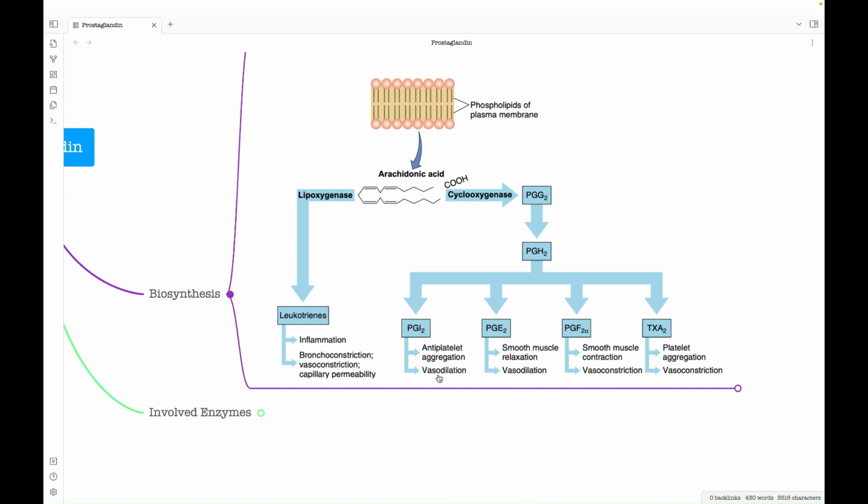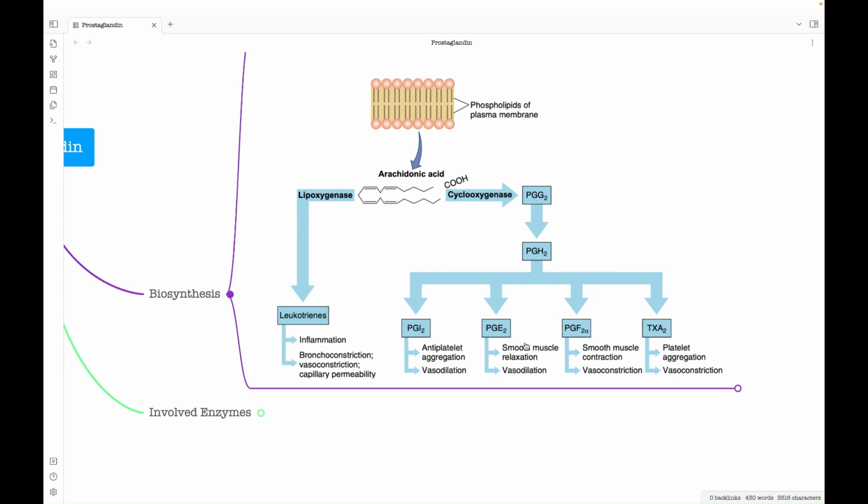So PGI2 takes care of the fact that blood shouldn't be coagulated inside our blood vessels. Blood should be coagulated whenever the body needs, whenever we have an injury or so. Otherwise blood should be fluid and it shouldn't be clotted. That part PGI2 takes care of.